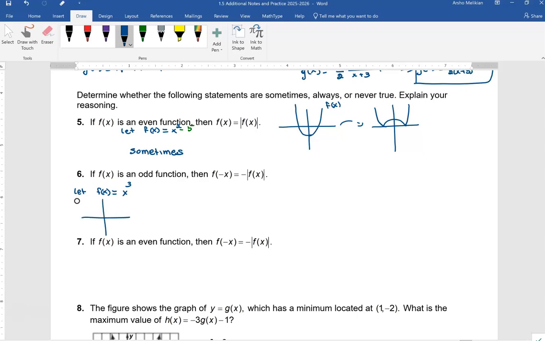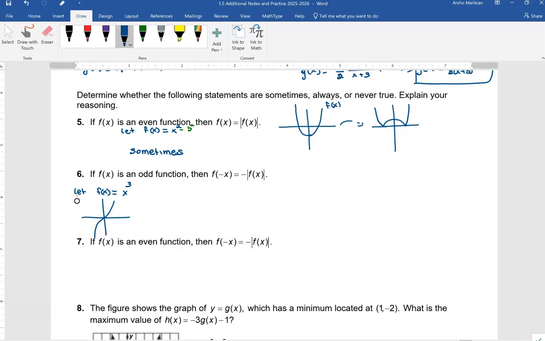So if this is f of x cubed, okay? But remember, it's order of operations. You start from inside and you go up. What's the absolute value of that function? It would be like this, right? And then the negative of it would be a reflection downward. So that's definitely not the same.